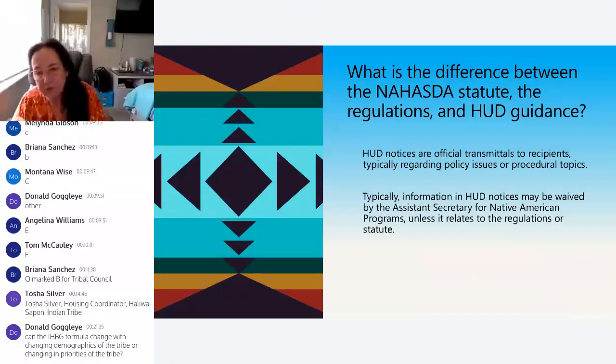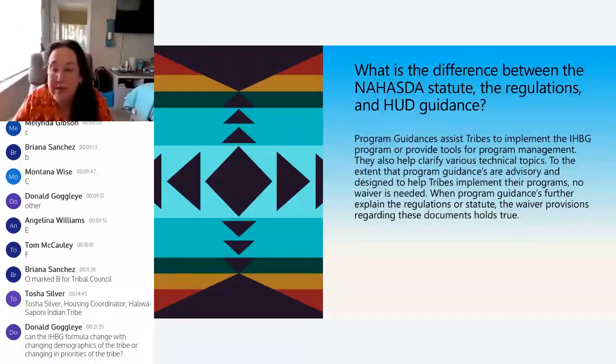So those HUD notices, those official transmittals to recipients, are typically regarding policy issues and procedural topics. The information in the HUD notices can be waived by the Assistant Secretary of Native American Programs unless it actually relates to the regulation or the statute. The program guidances assist us to implement our program.